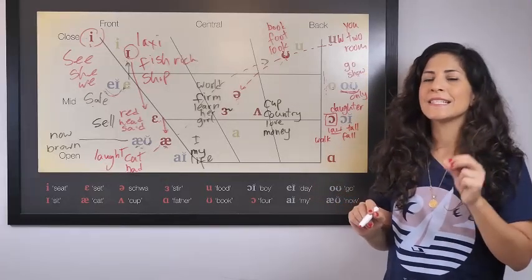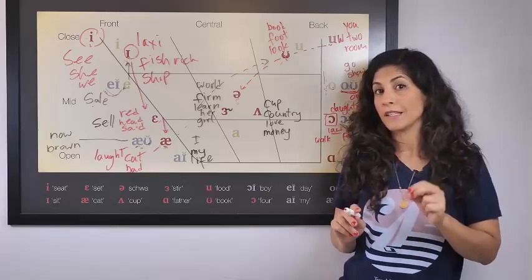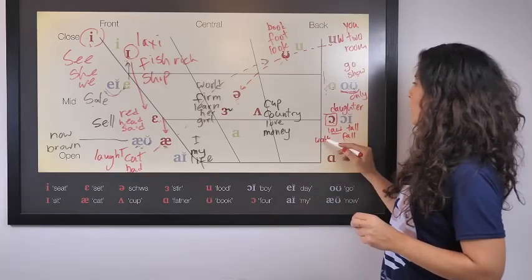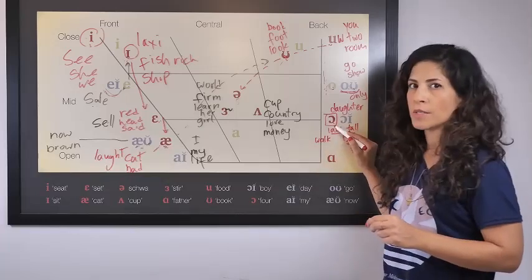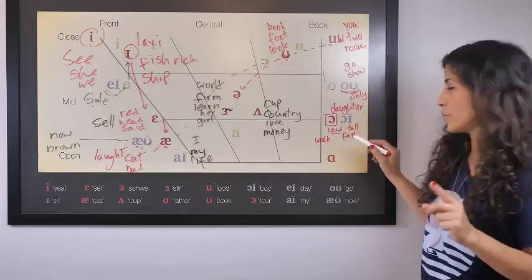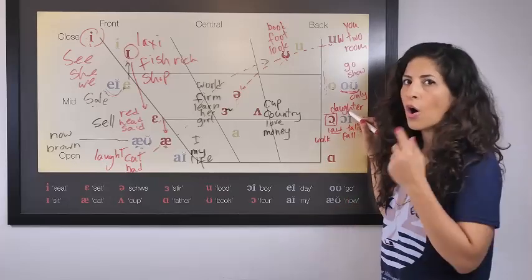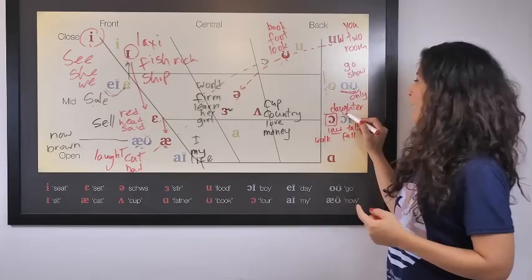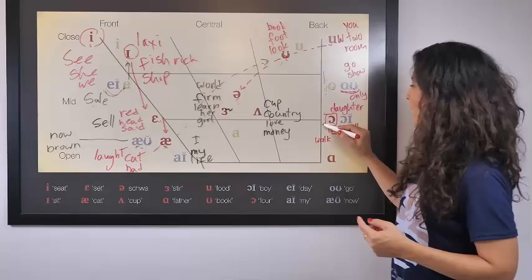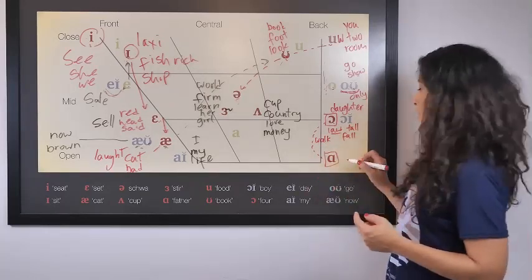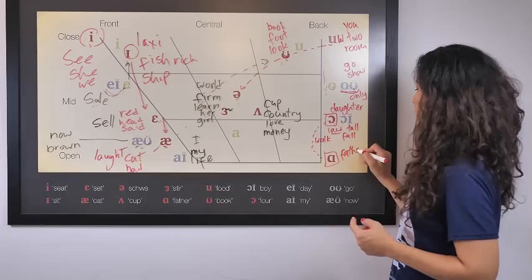It doesn't exist in all dialects of American English. So, for example, it is more likely to be found, or at least you'll find these words pronounced with the aw sound on the East Coast, right? You'll hear law and tall and daughter, aw, aw. But on the West Coast, people actually merge this sound with the ah as in father, a back open vowel sound, right?